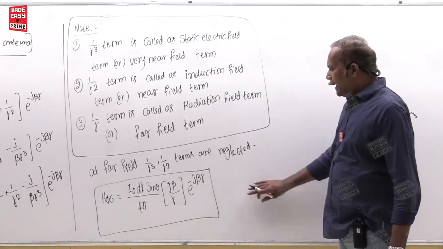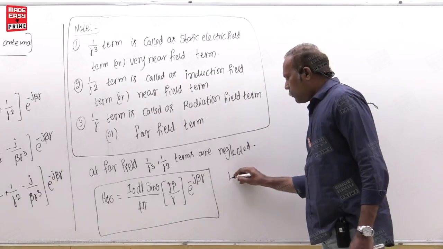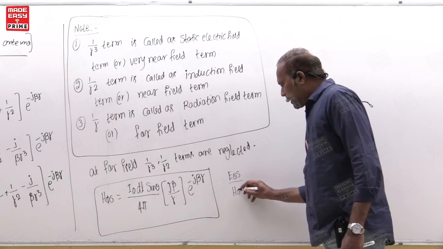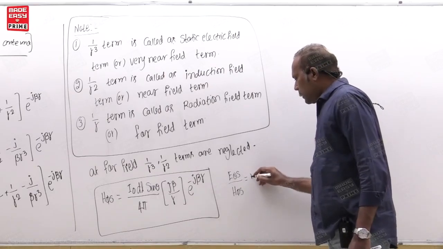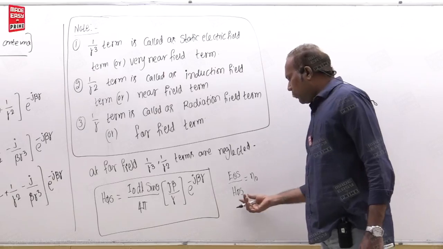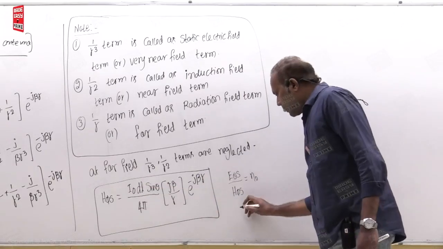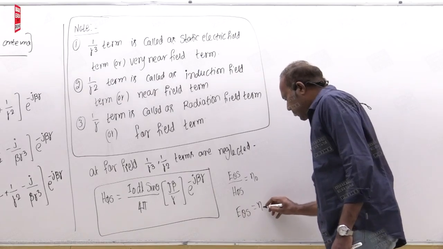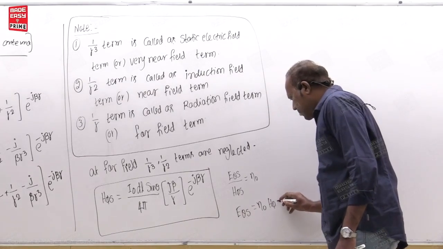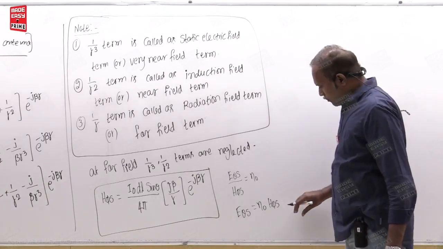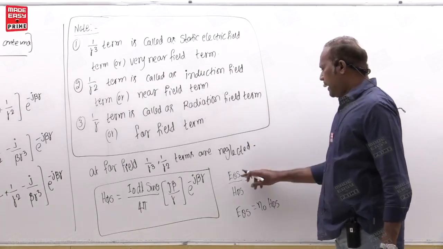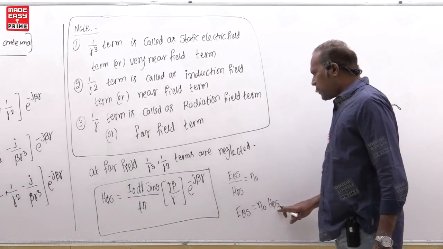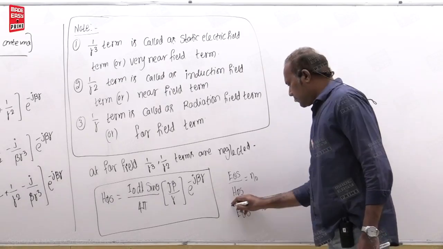So students, here E theta s divided by H phi s is equal to eta naught, and if you know H phi s, then you know E theta s is equal to eta naught into H phi s. Okay, so E by H is equal to eta. If you want the electric field, then take H phi s and multiply with eta naught.